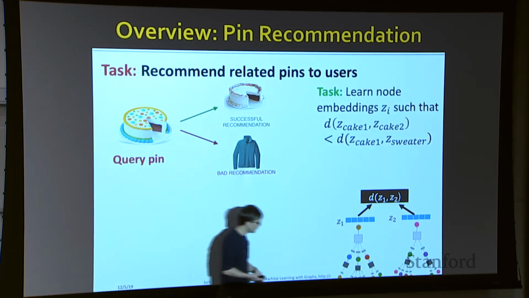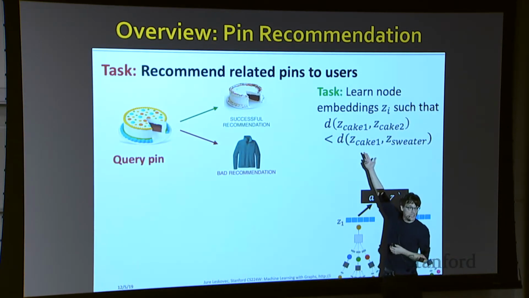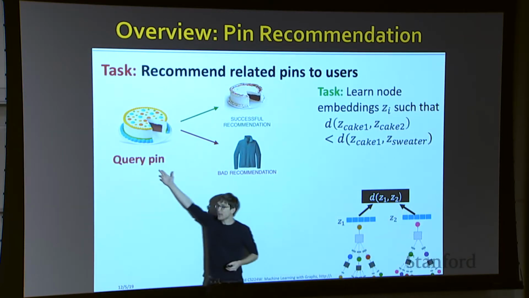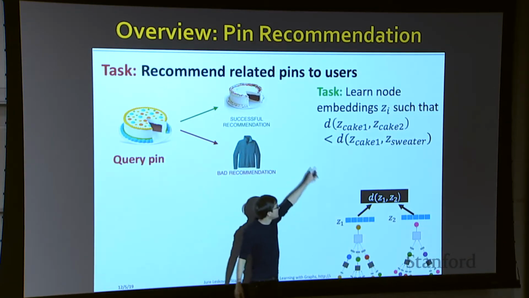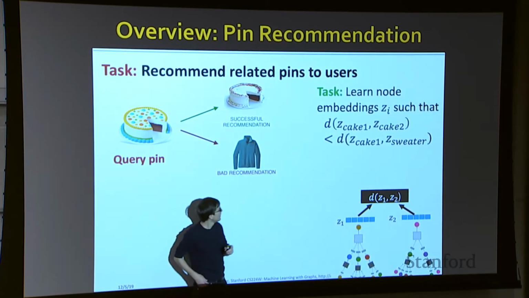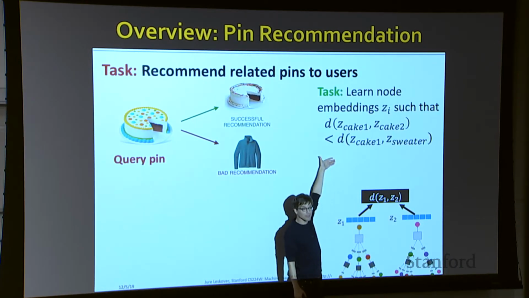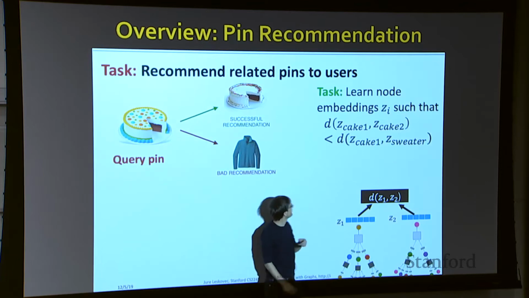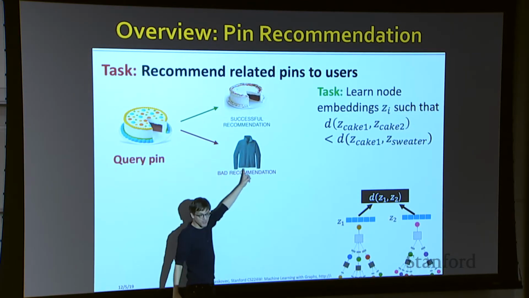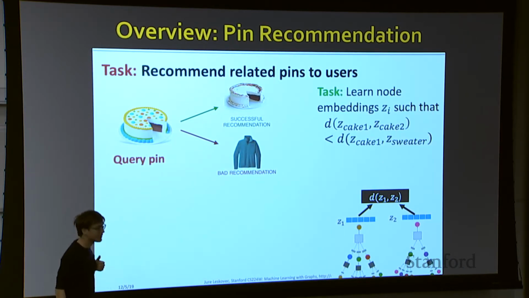And our goal will be to identify the embedding, here I call it Z, such that the distance between cake 1 and cake 2, so the query cake and the target cake, is smaller than the distance between the query cake and the sweater. Okay? And if I'm able to do this, now I'm able to give you a good recommendation, right? If you are looking for a cake, the other cake will be closer than the sweater. So for the cake, I won't be recommending you a sweater, but I'll be recommending you a related cake. And that sounds like a good recommendation.